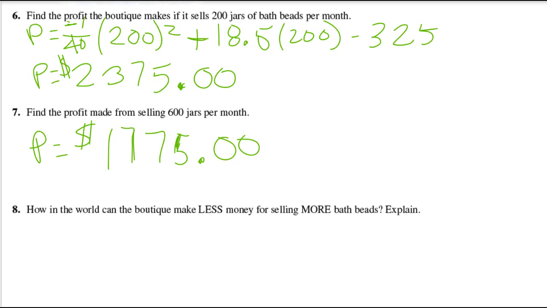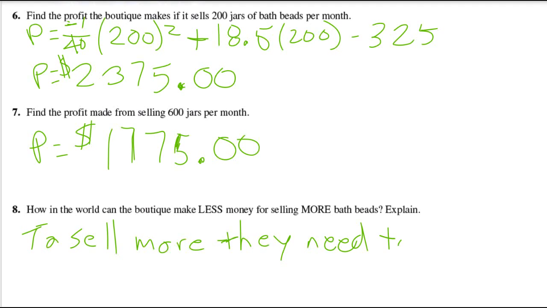And actually, I'm just kind of answering question 8, but go through question 8 yourself, then restart the video when you're done. So, making less money for selling more bath beads. To sell more, they need to lower the price.